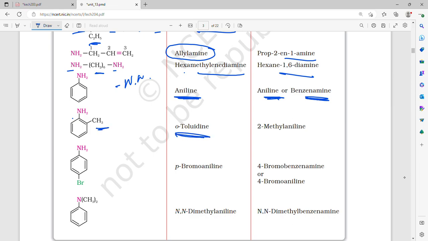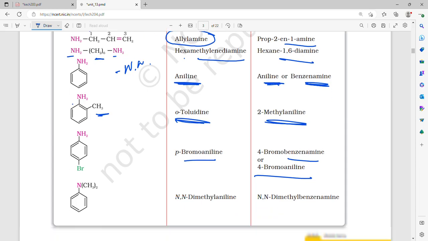Ortho-toluidine. This is toluene, and NH2 is also there, amine, so toluidine. Here methylaniline. Then para-bromoaniline, 4-bromobenzenamine or 4-bromoaniline.